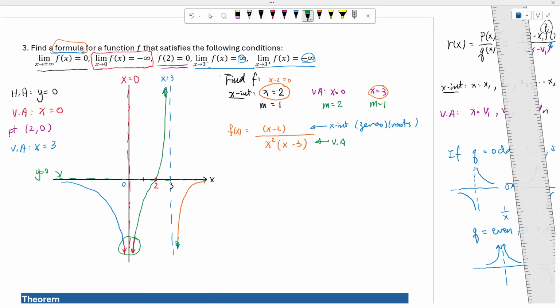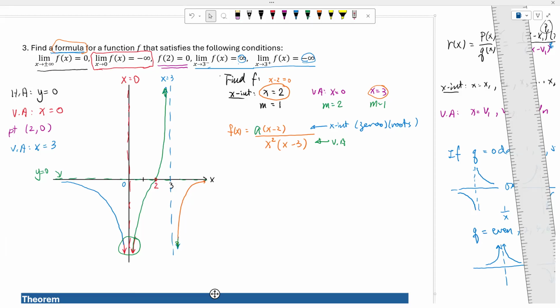Now there's one more thing that we need to figure out, which is what a is. This is what we call the stretch factor, how the function is stretched. This a is also related to whether a is positive or negative.